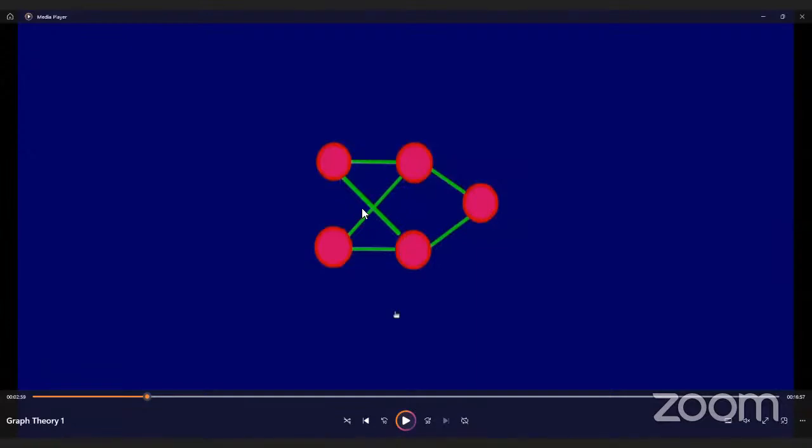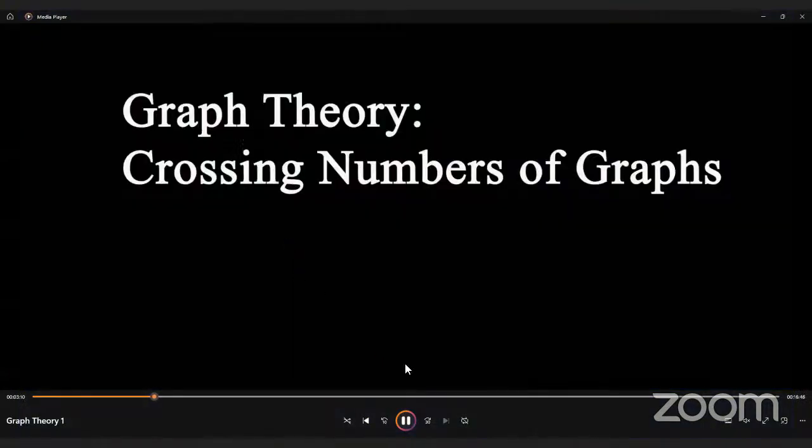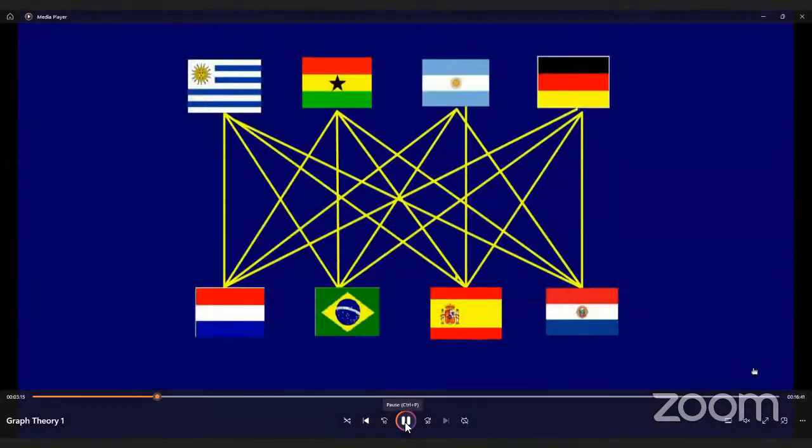There is an intersection there. In an electric circuit, the crossing is very dangerous because it can cause a short circuit, korslet. So we are going to avoid that, and we need to move this vertex or move that wire to there. That is the problem called the crossing number problem.